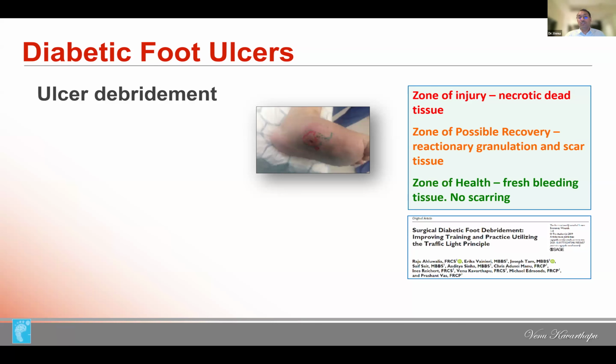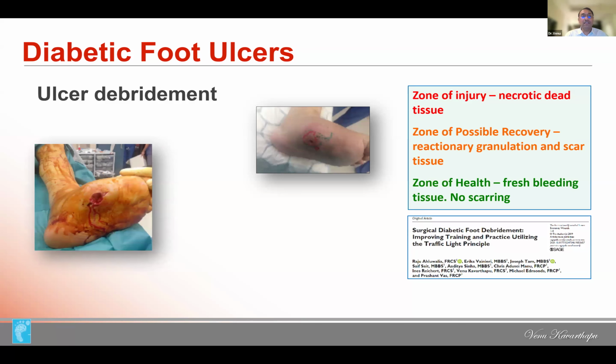And outside that zone is normal healthy tissue with no infection, no such scarring at all. So this case example: small diabetic foot ulcer, multiple recurrent ulcerations with multiple infections. And our regular surgical training has debrided that ulcer, and that looks reasonable.